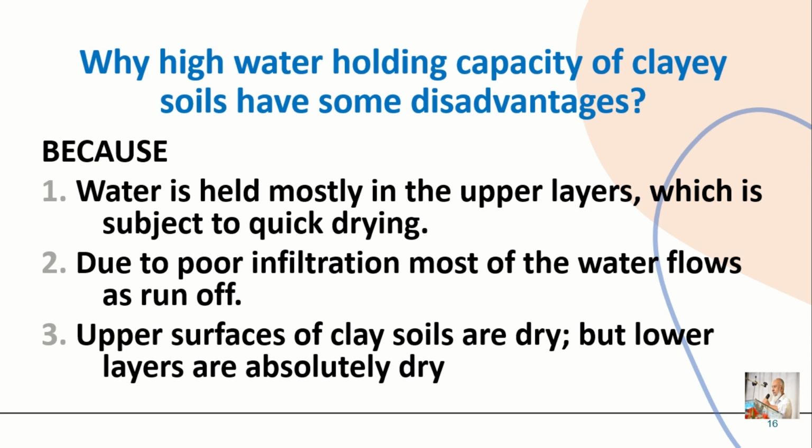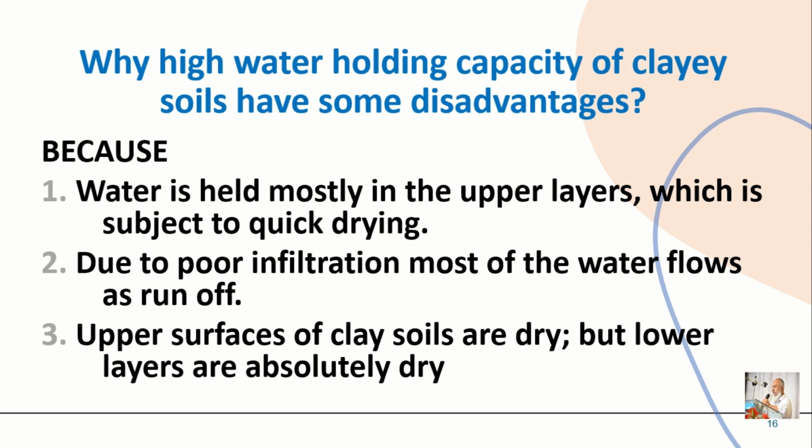Why does the water holding capacity of clay soil have some disadvantages? In the previous lecture, I said that some disadvantages are there because more water is present. This is not good for agriculture, for the plants, for the microbes. So water is held mostly in the upper layers, which is subject to quick drying.